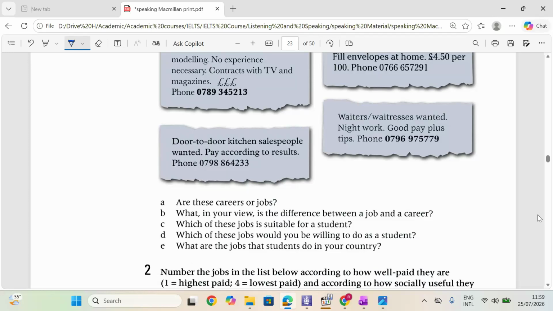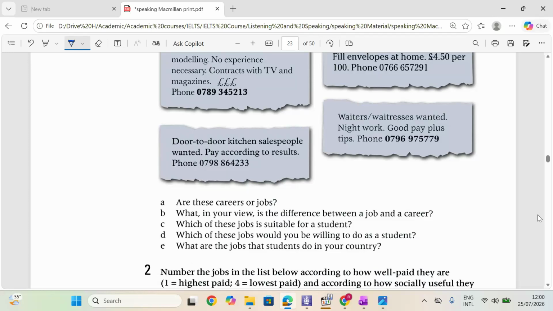Also, in my point of view, waiter or waitress positions, offering night work with good pay plus tips, or filling envelopes at home can be suitable for a student depending on their schedule, since they can often be done in the evening or flexibly. And working as a waiter or waitress is often considered more viable and safer than the other jobs.